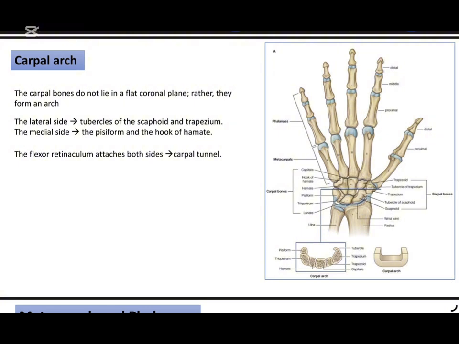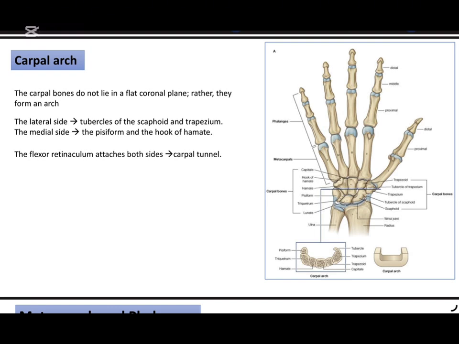These 2 tubercles بشكل عندي a wall like this at the lateral side. Then medially we said the pisiform located on the top, and we said that the hamate, it has a hook. And both these structures form another wall at the medial side.